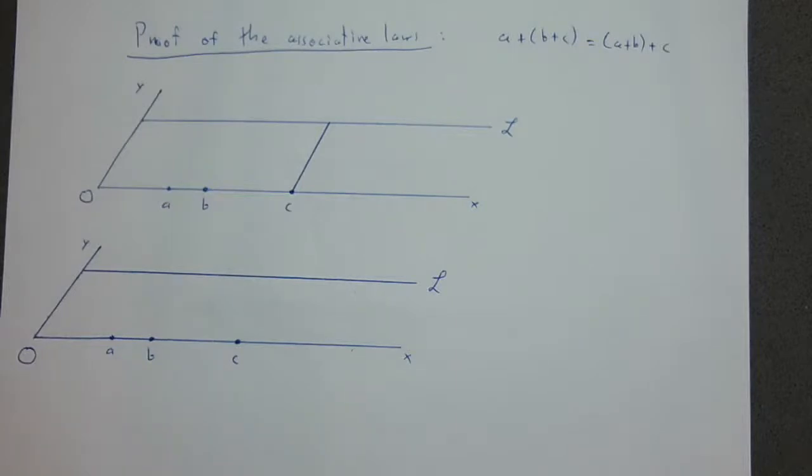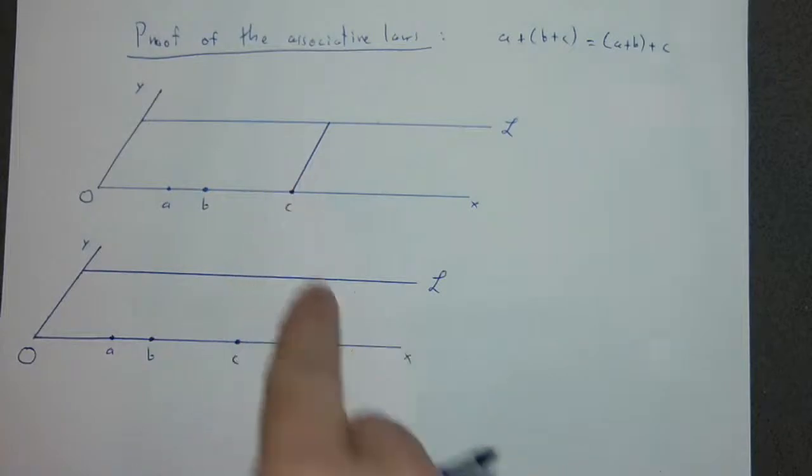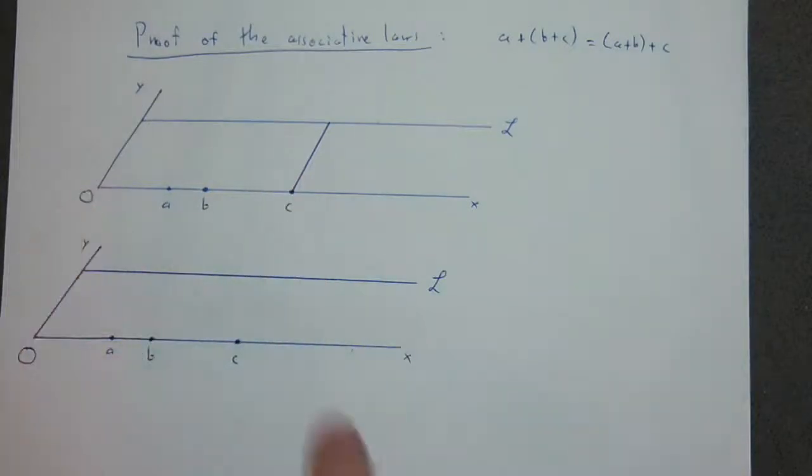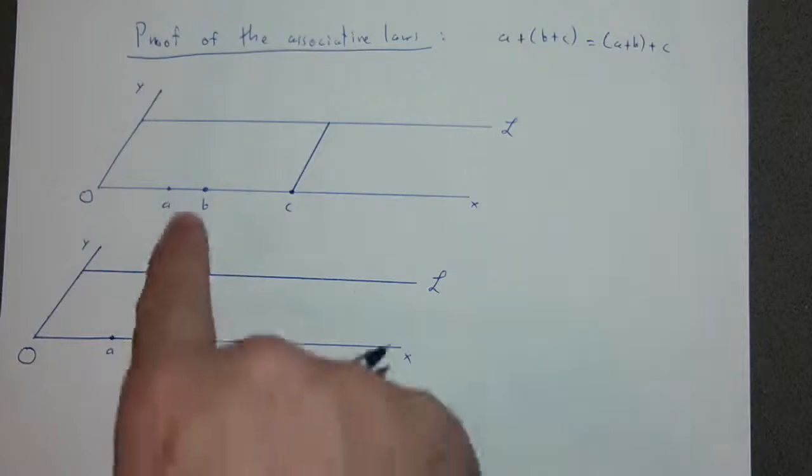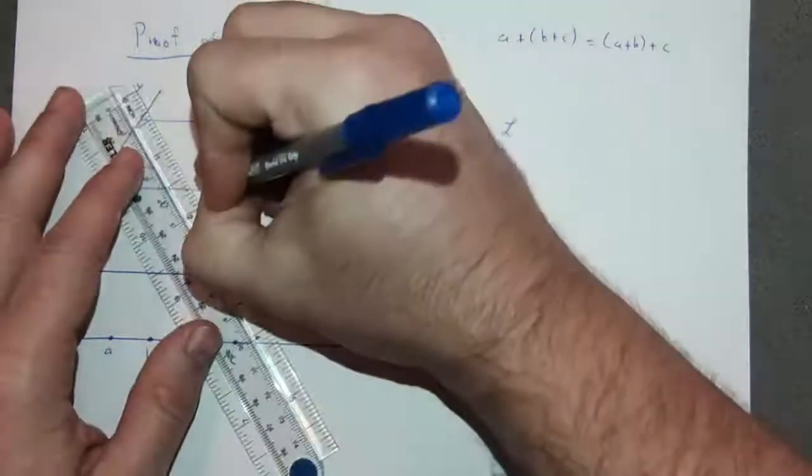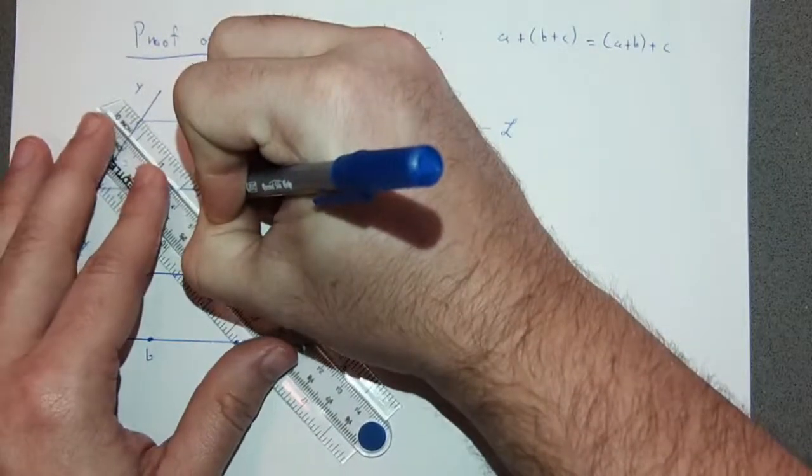I'm going to respect the order that this shows up here. And so I have a parallel line from C to the y-axis. That doesn't look quite parallel, but just bear with me.